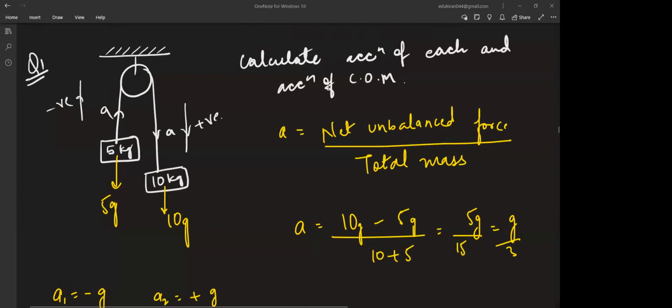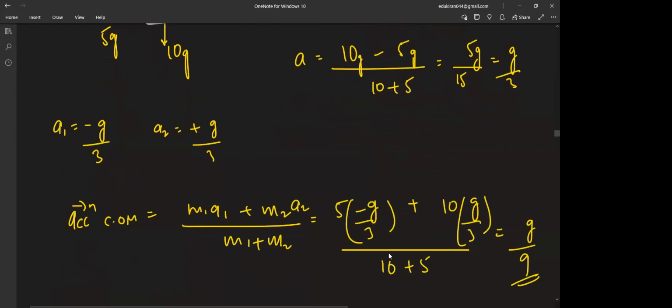You had a doubt in this question, no, Harsha? Yes, ma'am. See, we have to find out the acceleration of the center of mass. So the basic formula is m1a1 plus m2a2 divided by m1 plus m2. This part must be clear to you. This is very easy.